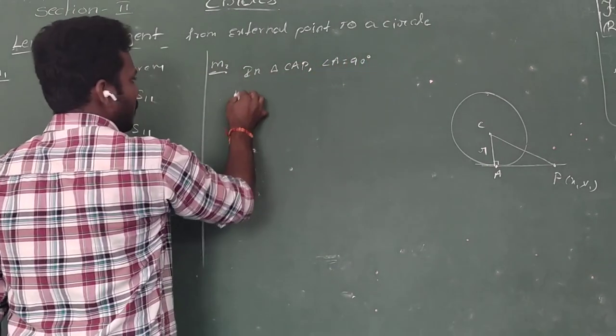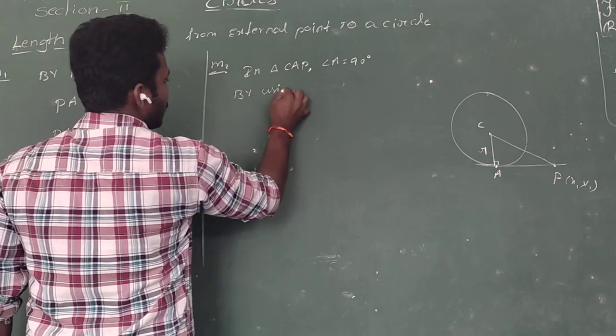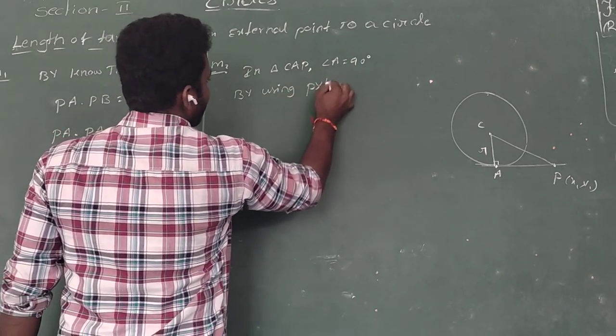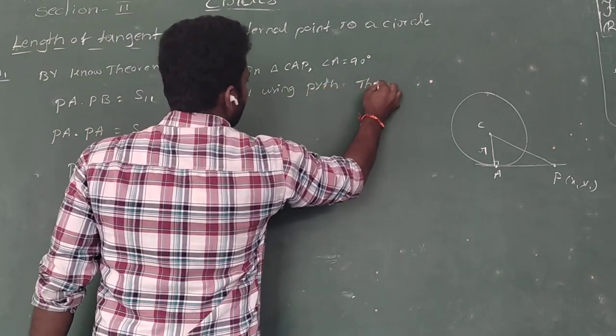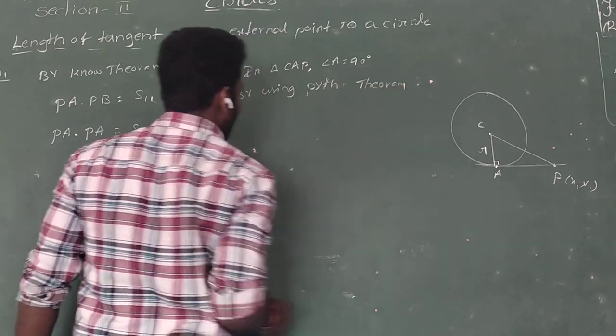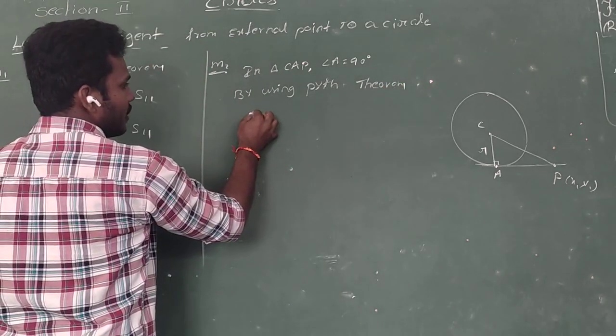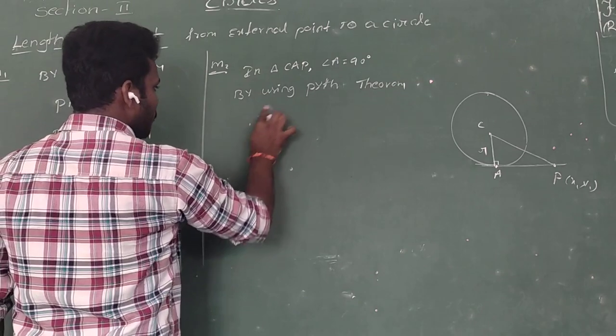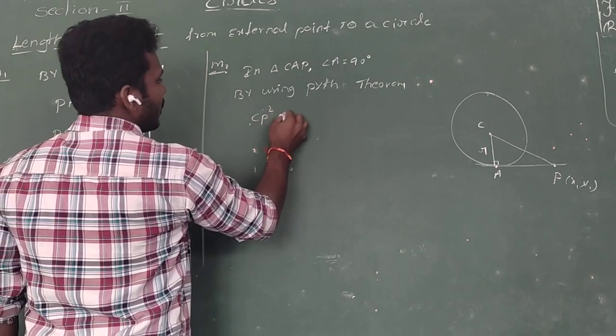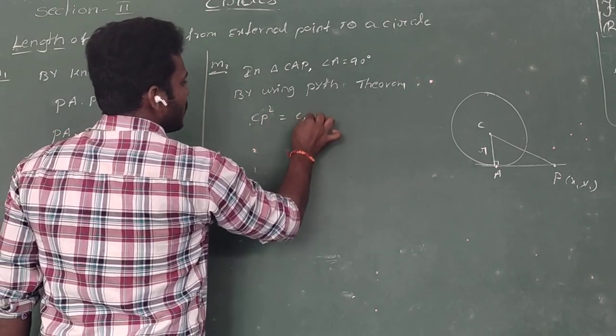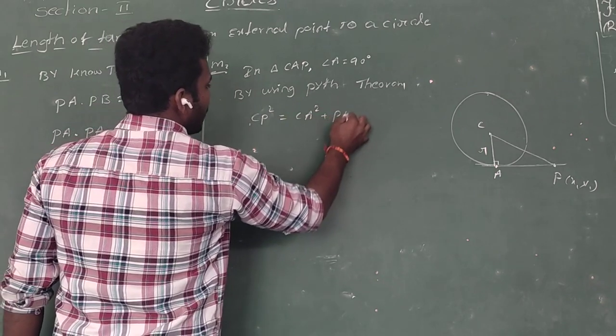Then we can use the Pythagoras theorem. Hypotenuse square, that is CP square, is equal to CA square plus PA square.